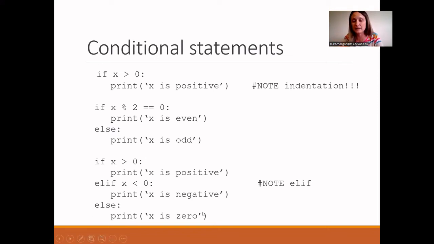So here I would need kind of a third branch. This else is going to be like a default statement. The else branch here is going to run if and only if the computer already evaluated every other branch and found that they were all false. So if it evaluated all of these expressions and none of them were ever true, then it would run the else branch.